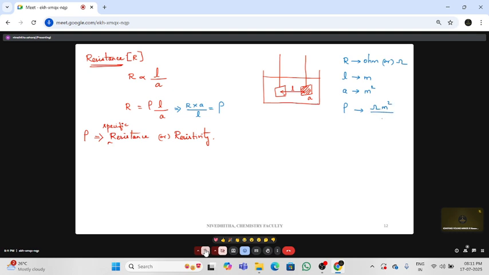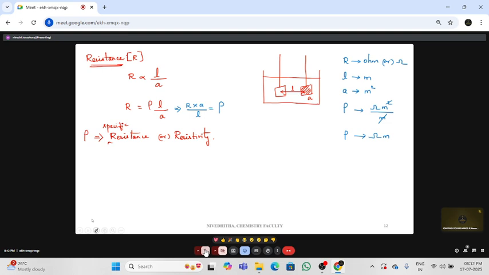What is the unit of L? It is meter. Then I'm going to cancel these two meters. Now, what is the unit of resistivity? Ohm meter. That's it, ohm meter. Fine. So we are done with resistance and resistivity.